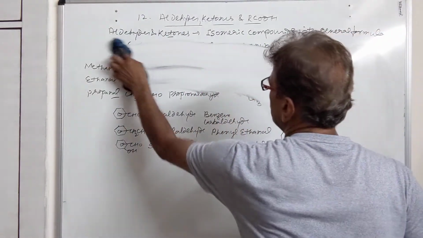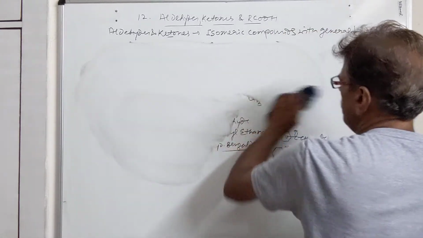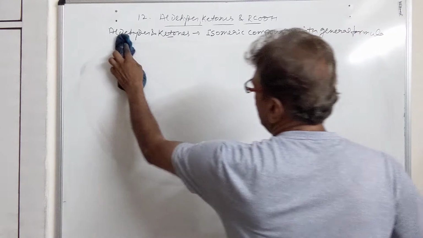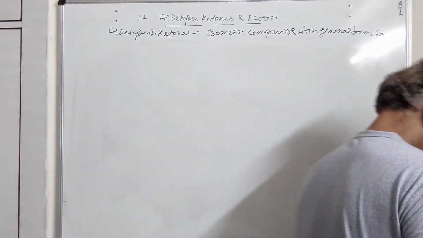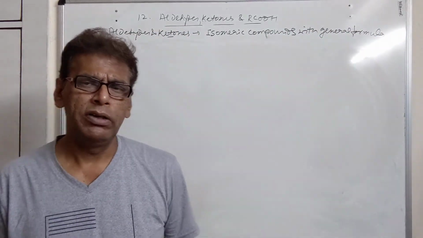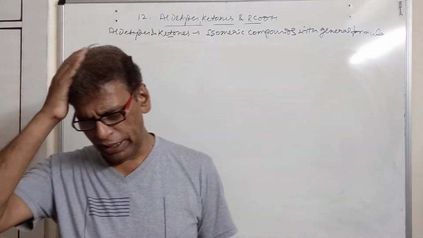After this, we come to the structure of the carbonyl group in aldehydes and ketones. As we know, any system having a carbon-carbon double bond or carbon-oxygen double bond must have carbon in the sp2 hybridized state.